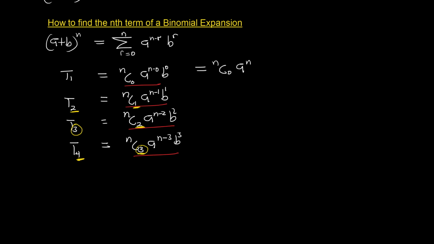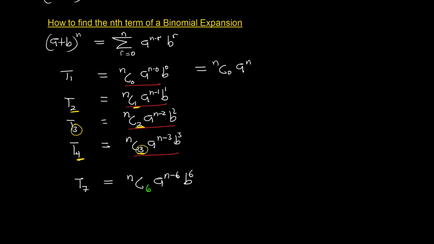So we can write the 7th term just by looking at this: the 7th term is nC6 a to the n minus 6, b to the 6.